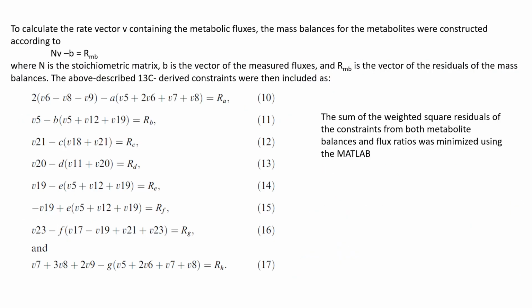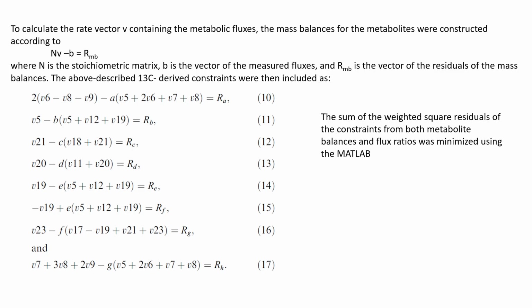And to calculate the rate vector containing the metabolic fluxes, the mass balances for the metabolites were constructed according to this equation: Nv minus b equals Rmb, where N is the stoichiometric matrix, b is the vector of the measured fluxes, and Rmb is the vector of the residuals of the mass balances.